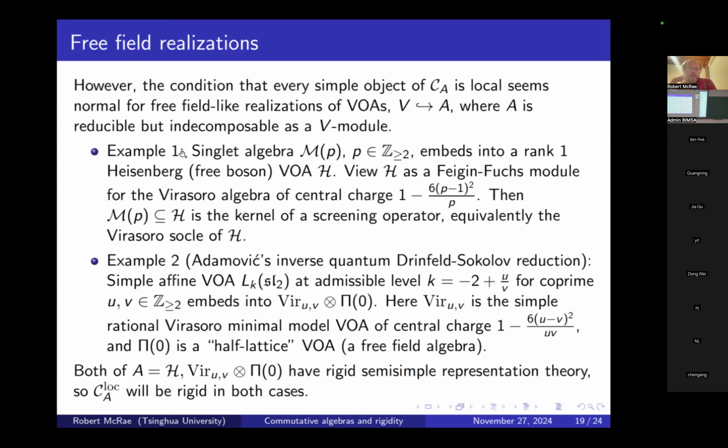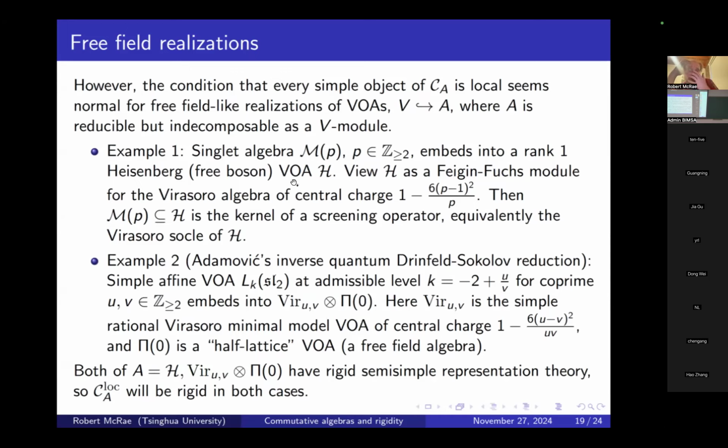Maybe a good example is the so-called singlet algebra, which is labeled by an integer p greater than or equal to 2. This is a vertex operator algebra which is a subalgebra of a rank 1 Heisenberg VOA, or another way of putting that, a free boson VOA.